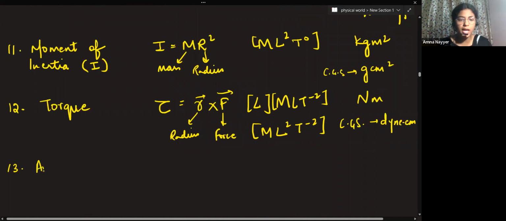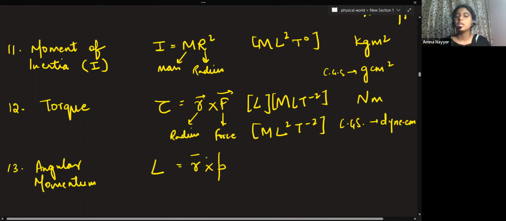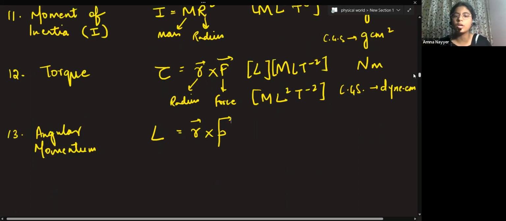So you have angular momentum. The next physical quantity is angular momentum. This is capital L. This is written as R multiplied by the linear momentum that you have. Whatever the dimension of linear momentum, multiply it with radius, you will get the dimensional formula for it.